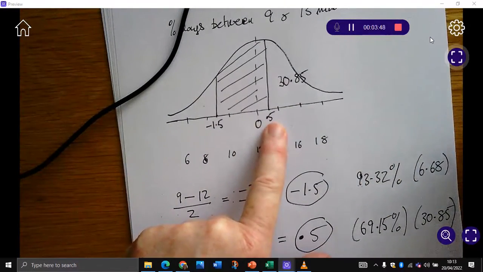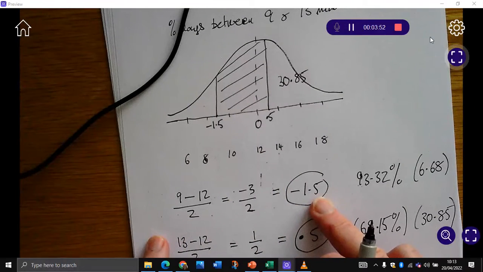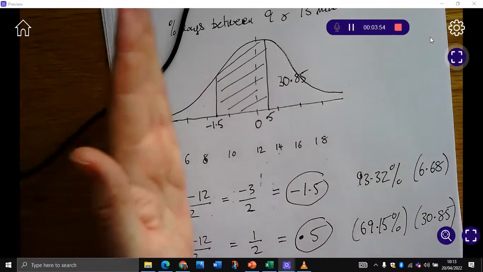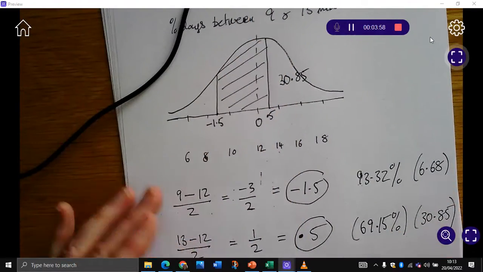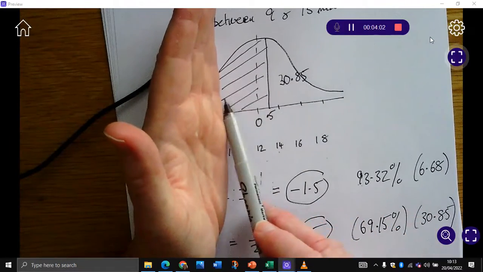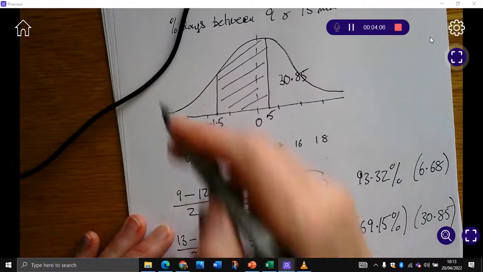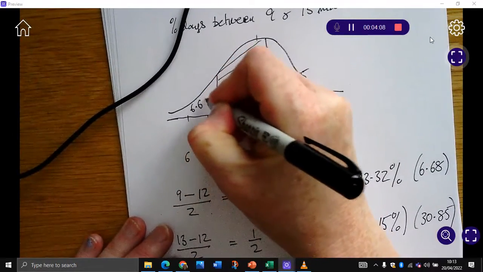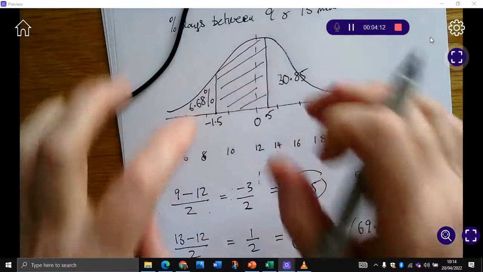Okay? Then you look at 1.5. Again, that would be giving you everything up to 1.5. So up to that, so if we were to go there, there's the bigger, the 93%. So this little fraction here is going to be the 6.68%. See how I'm using that? Trying to keep it as clear as possible.